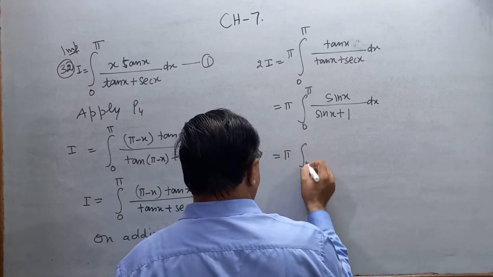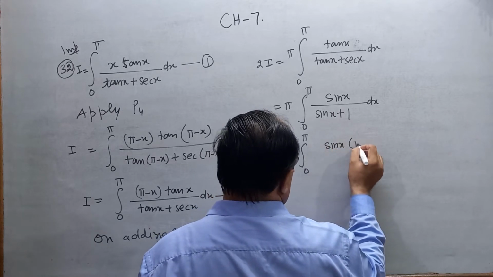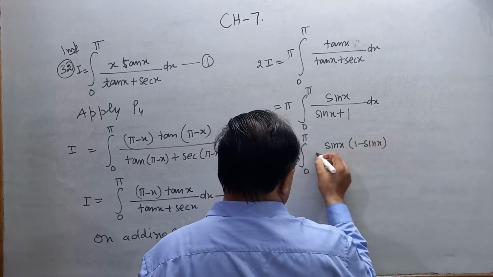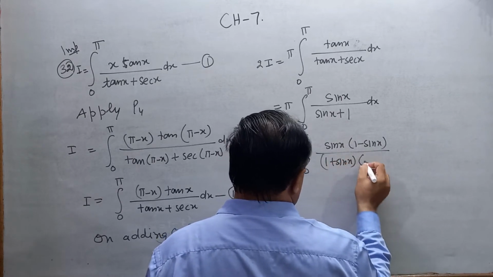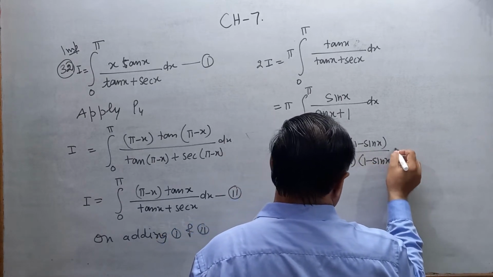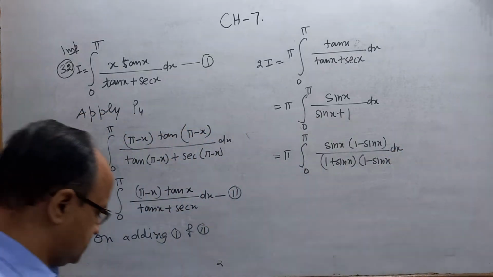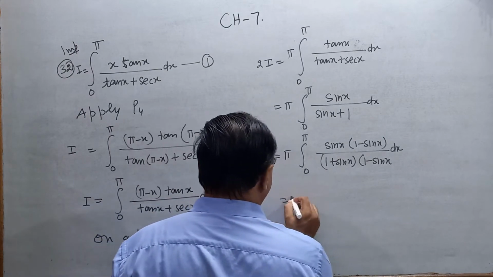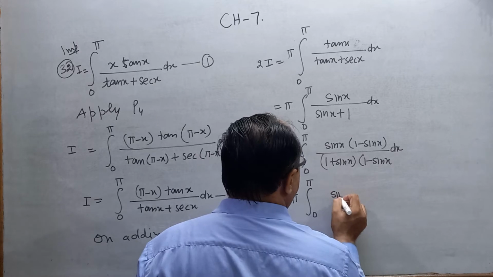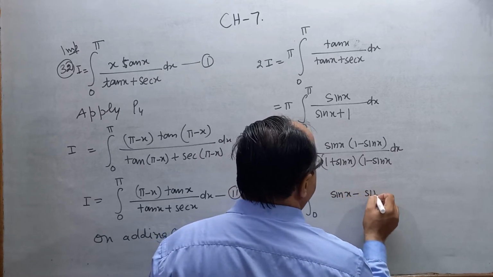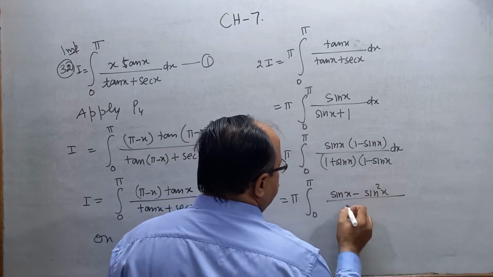Now integration 0 to pi, multiply and divide by 1 minus sin x. That is (sin x minus sin square x) upon (1 plus sin x)(1 minus sin x), that is cos square x.